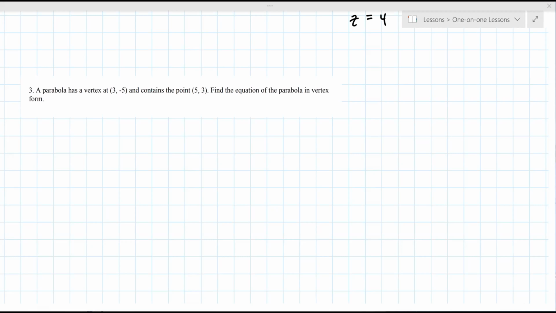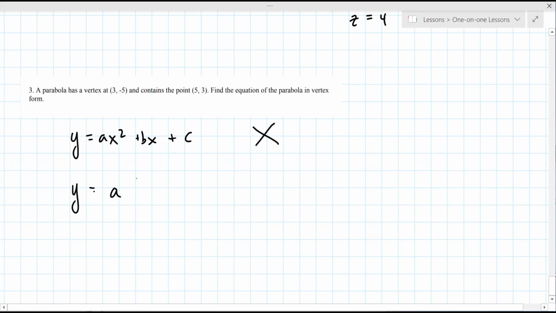There are two equations for a parabola. The first is y equals ax squared plus bx plus c. We do not want this one for this problem. We want y equals a(x minus h) squared plus k.